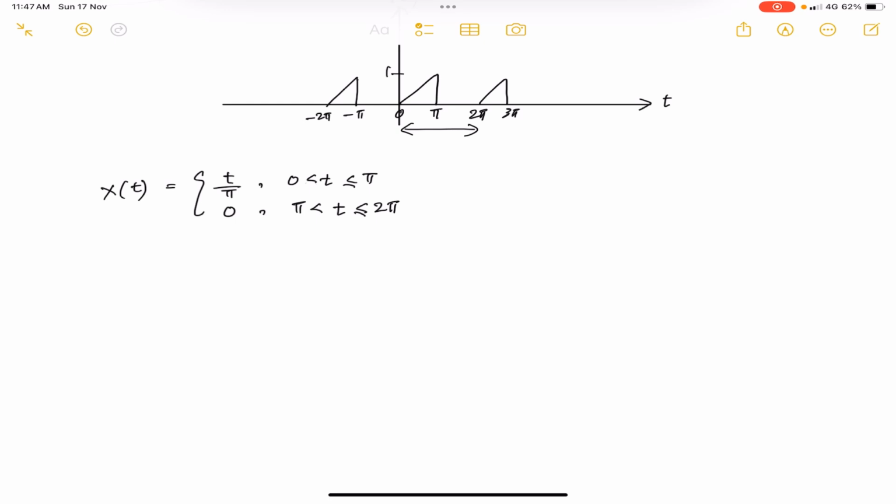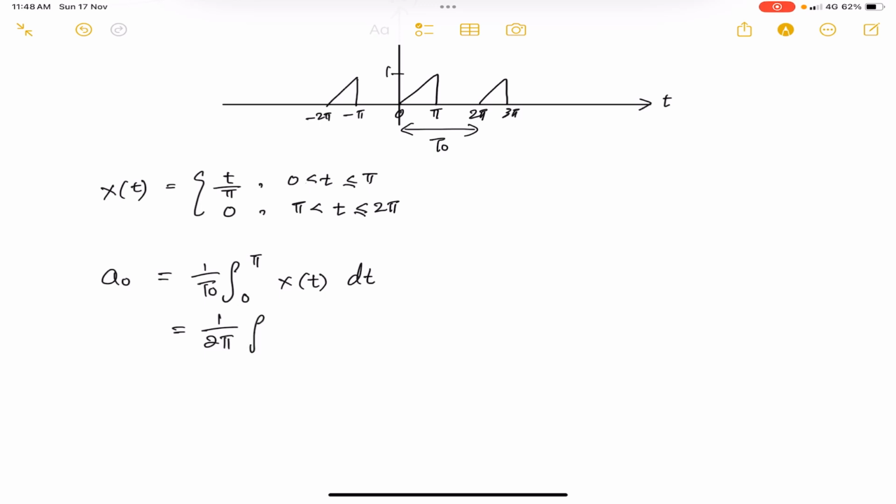So first of all, again, you need to find the a naught. We follow the formula 1 over t naught, integrating from, what is the limit here? If this is t naught, we know that the value is non-zero from 0 to pi only. So 0 to pi. Okay, we write the formula first, and then we substitute the value of t naught, which is 2 pi.